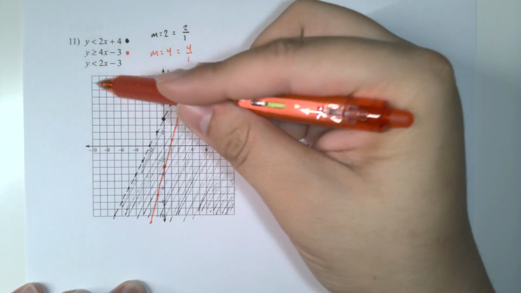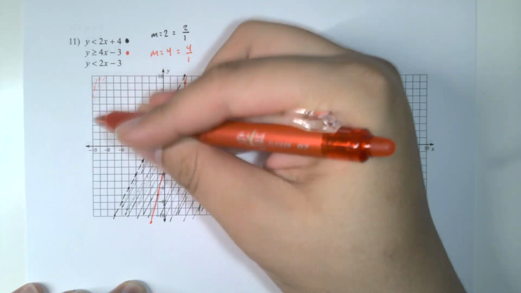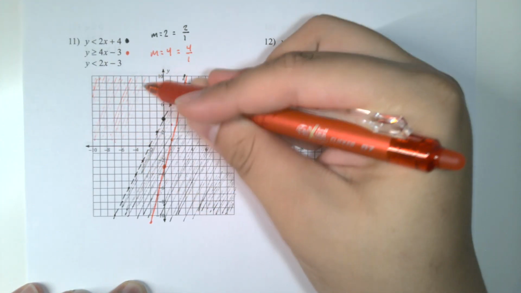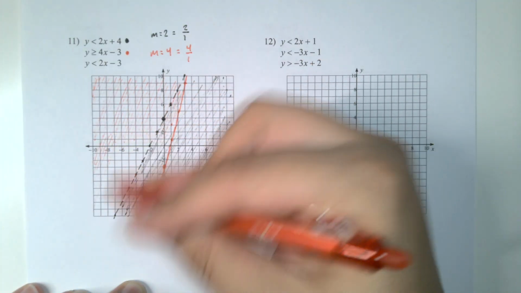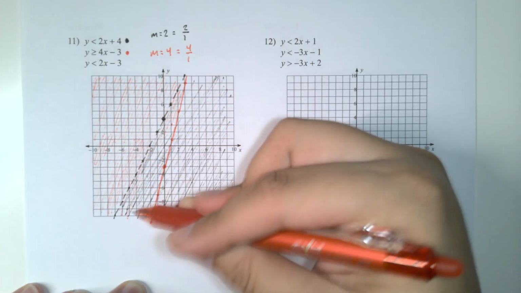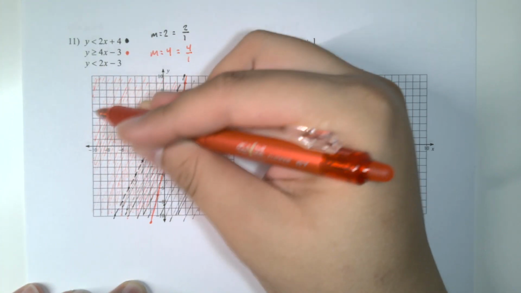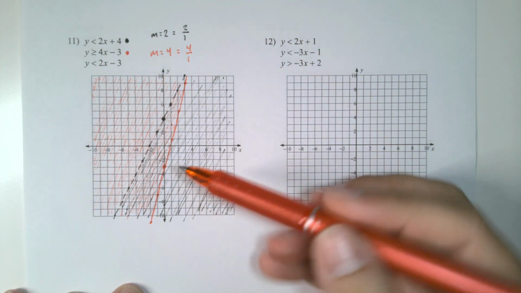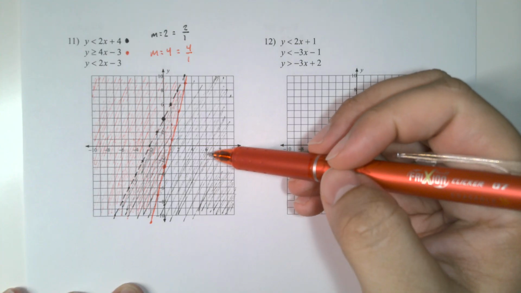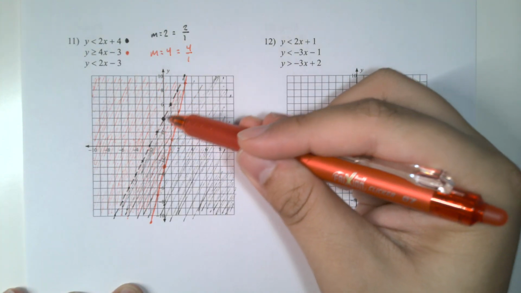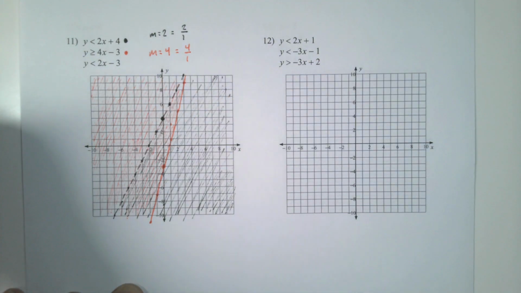And so when I shade this, it's going to be everything above that line. Okay, so we're above the red line and below the black line. It looks like so far our only possible solutions are going to be in this little triangular region. So now let's see what's happening with this final inequality.